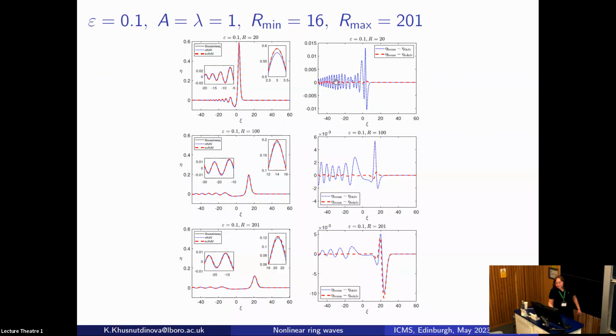So the blue is cylindrical KdV, the red is extended cylindrical KdV, okay? And at 20 and 100, we can see a very clear indication that the extended cylindrical KdV is a better model. At 200, we see that there is a significant phase shift, okay?